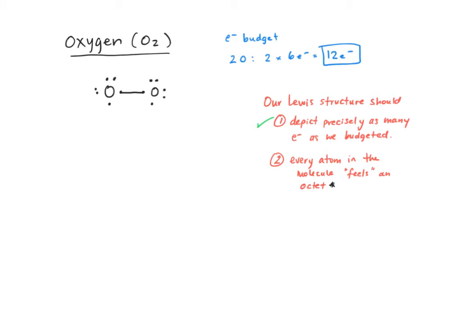However, if we evaluate each oxygen atom in turn, either one feels only 7 electrons around it: 1, 2, 3, 4, 5, 6, 7. This is true for both oxygen atoms in this Lewis structure. Therefore, this is not yet a valid Lewis structure. We're going to have to do something more.